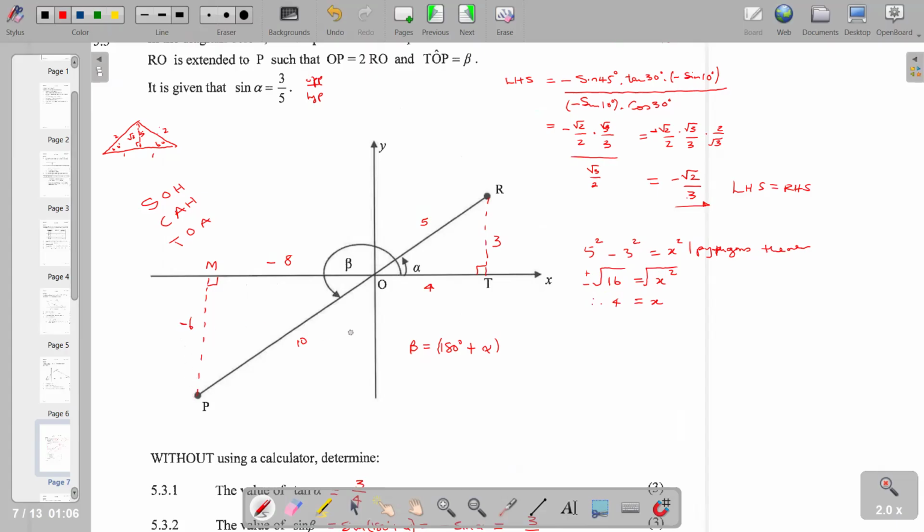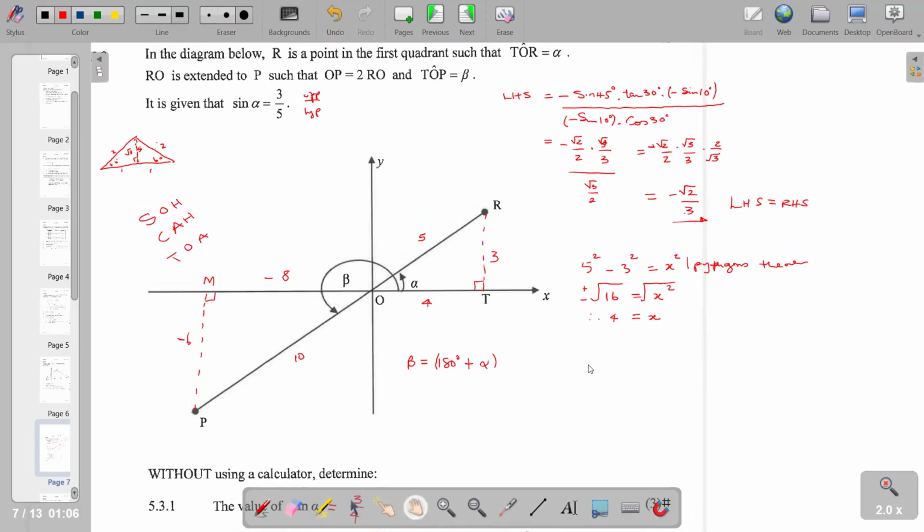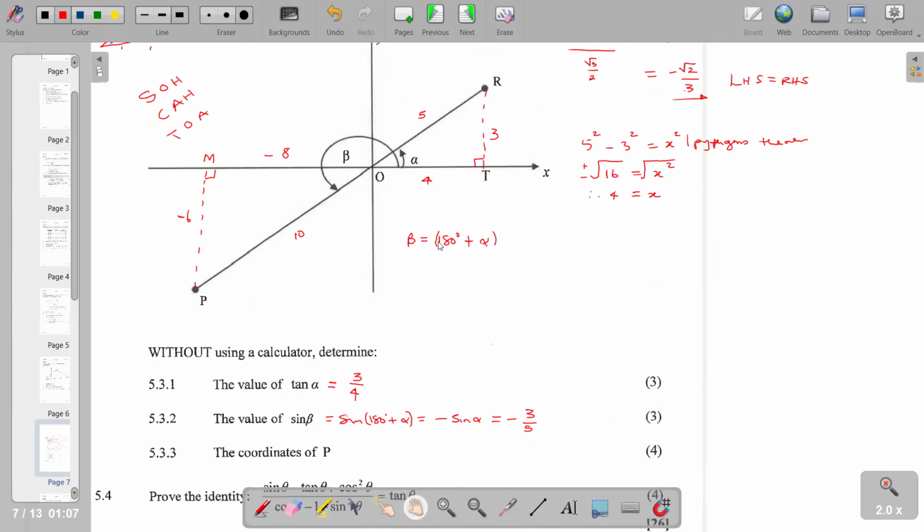So using this, we can still calculate this angle. Sine beta is opposite, minus 6, over hypotenuse, which is, in this triangle, 10, so minus 6 over 10.